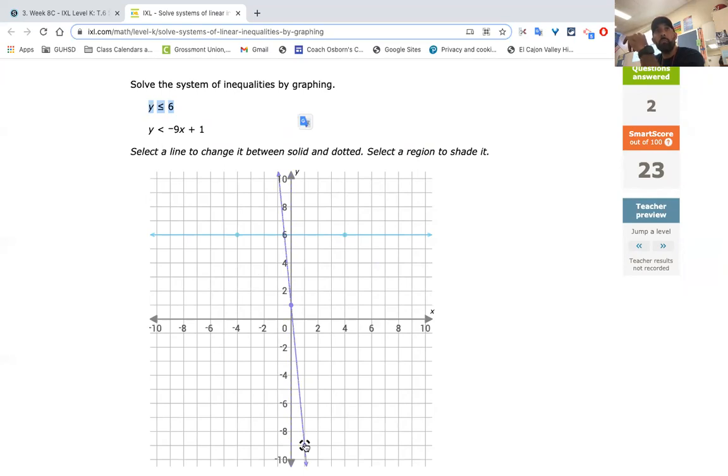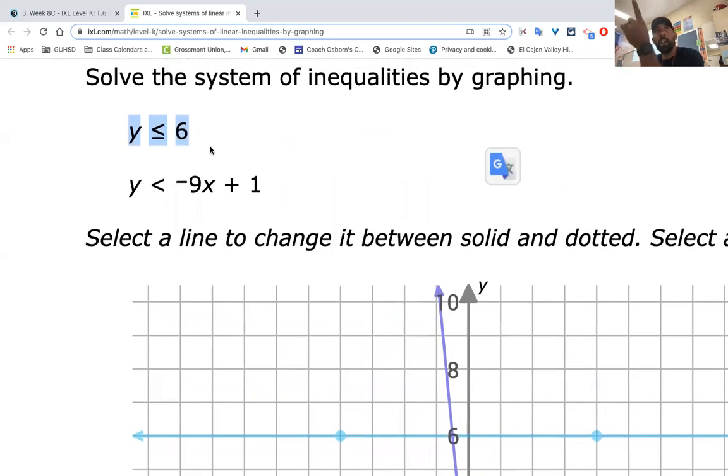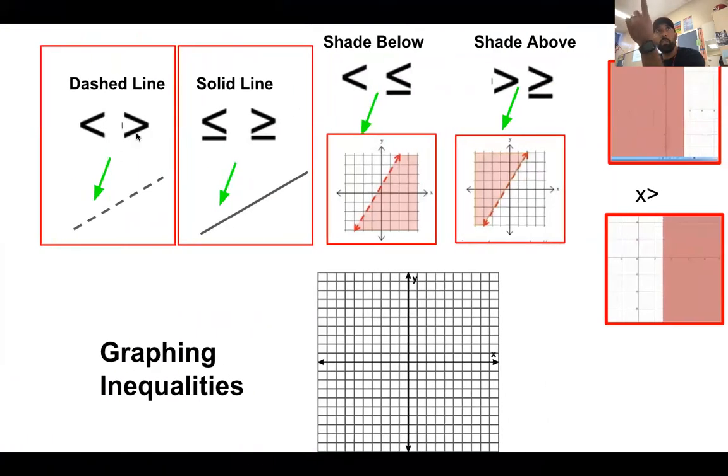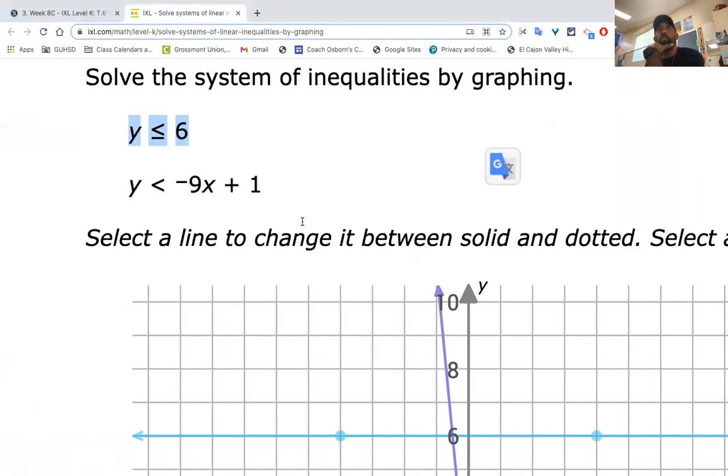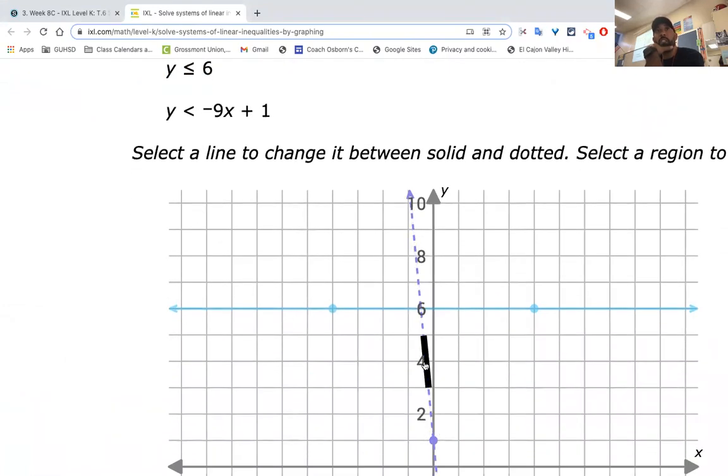Okay, graph it. Now I got to make sure that my lines are both dashed or solid. Now remember, if it doesn't have the equal to sign, I got to make sure it's dashed. If it does have the equal sign, make sure it's solid. The first one should be solid. The second one is dashed, so I'll go ahead and make sure I click that to make it dashed. Okay, and again, like I told you guys yesterday, that's the common mistake I see.